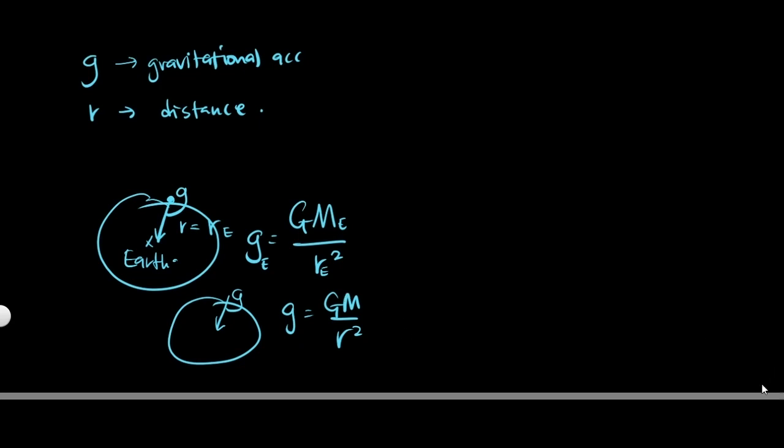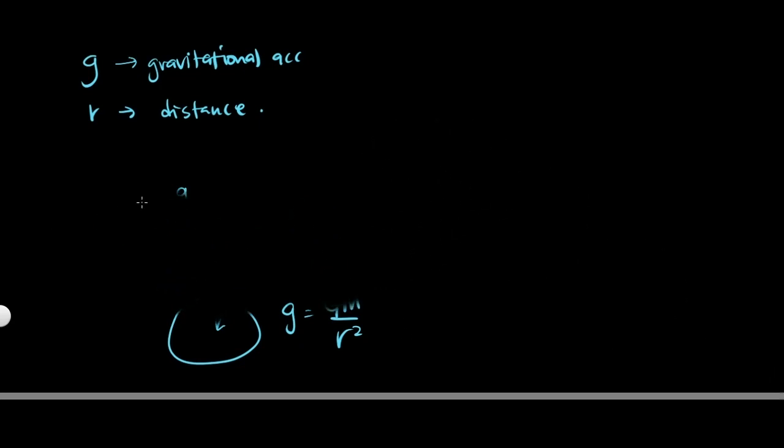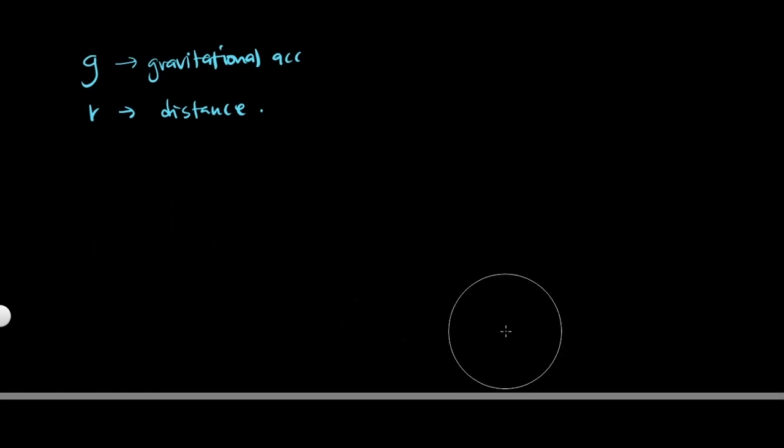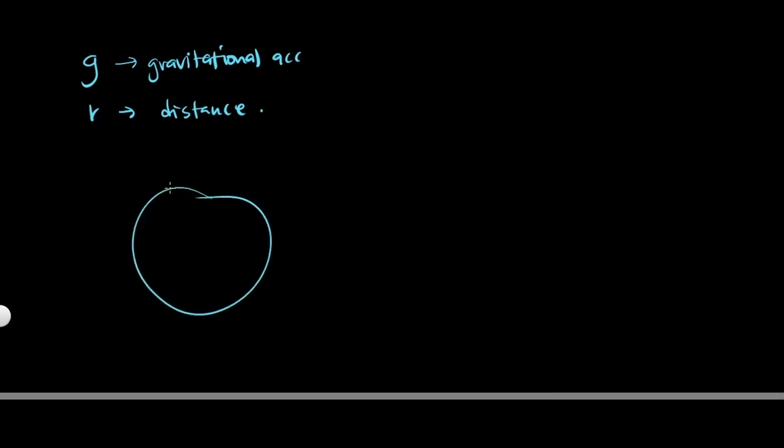For today, I would like to show you how we can determine the gravitational acceleration, or gravitational force, if the object is placed at a certain height from the surface.